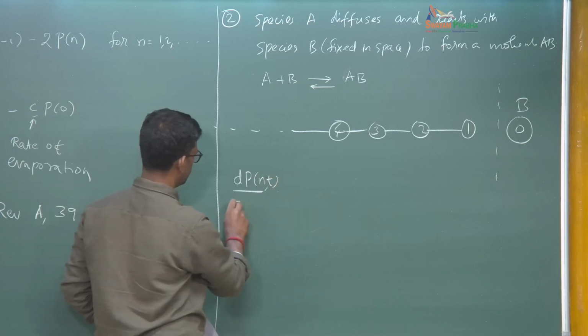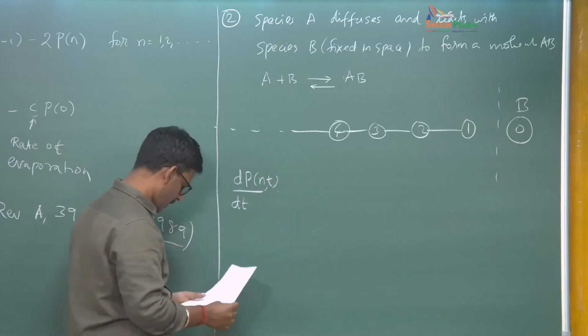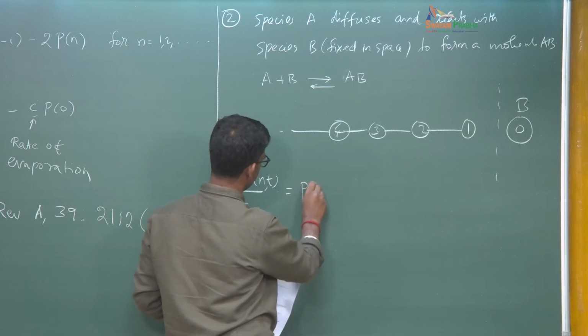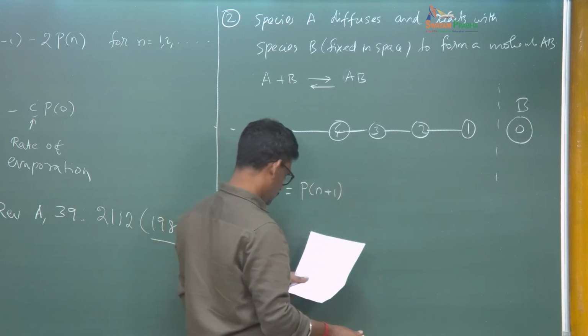In this case we can write the master equation, again a simple one dimensional random walk.